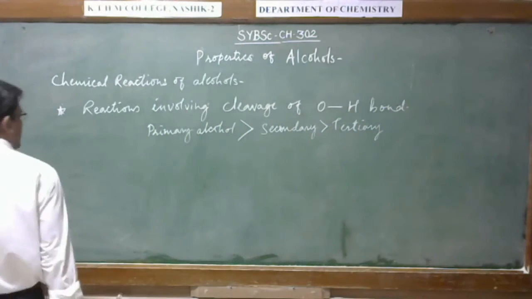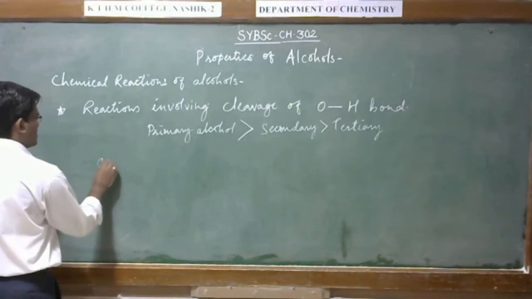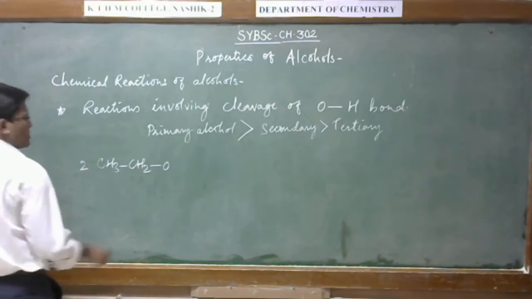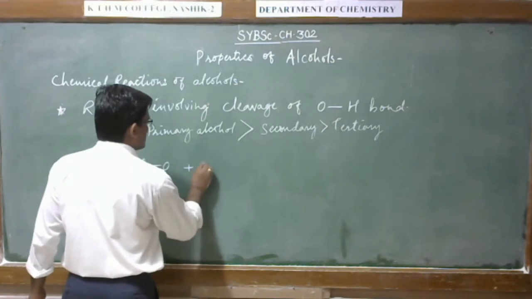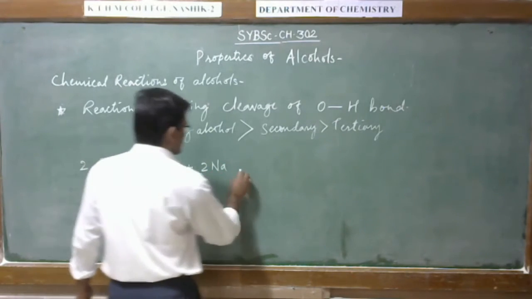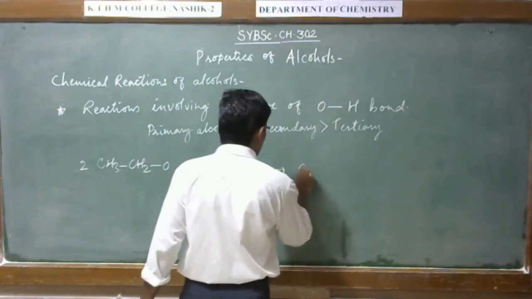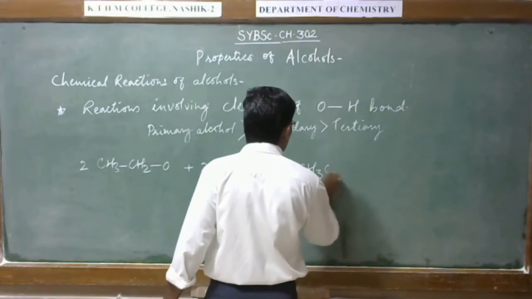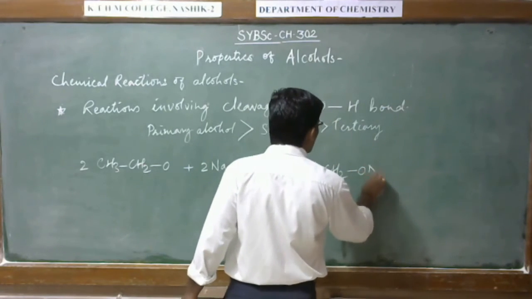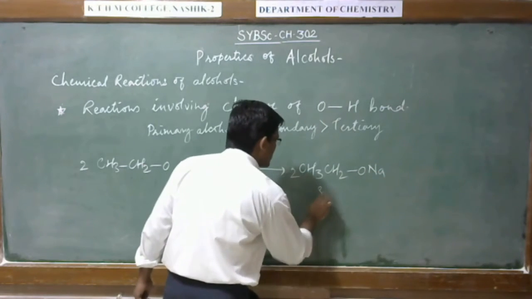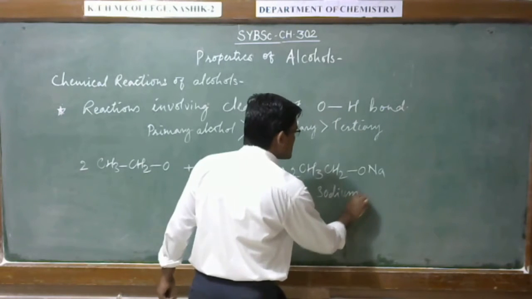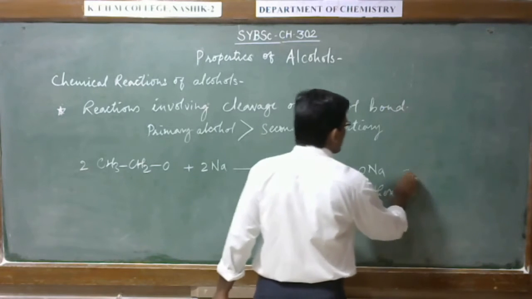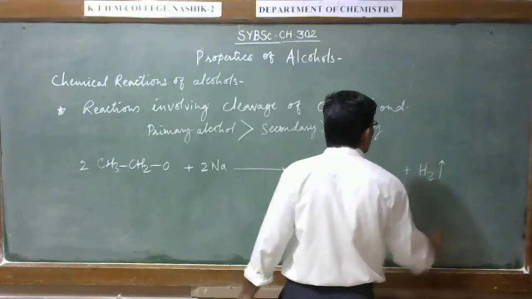For example, 2 moles of ethanol react with sodium to generate sodium ethoxide along with hydrogen gas.